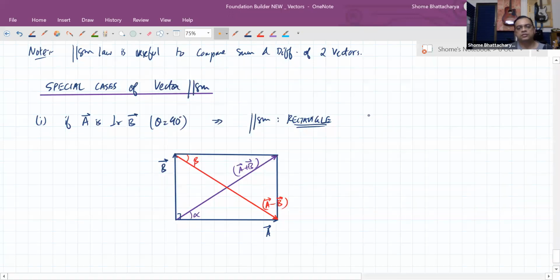Now we'll see the rectangle has special properties.